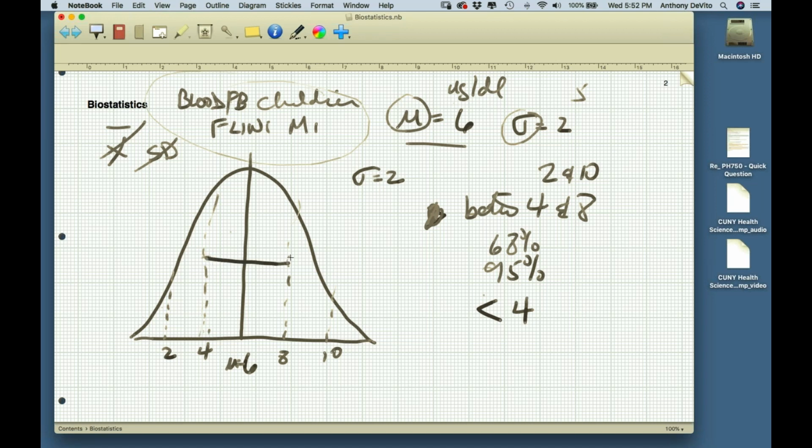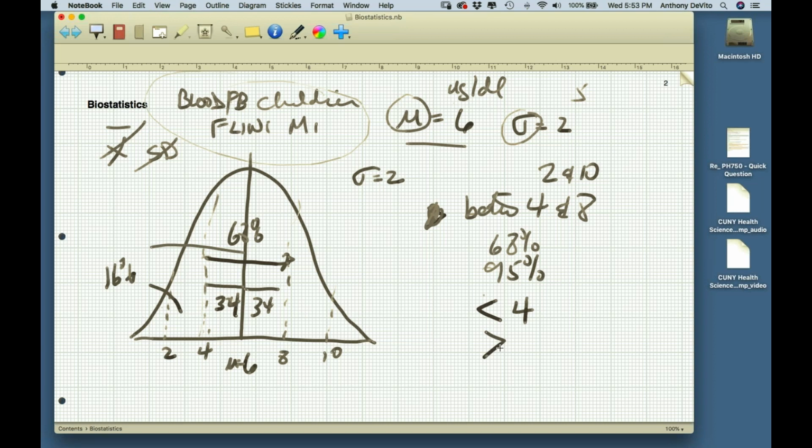We got that because we know between 4 and 8 is 68%, so between 4 and 6 is 34, because one of the properties we know about this normal distribution is it's symmetrical. So 34% on either side of the mean. And since 50% is to the left of the mean, that would leave about 16% here that's less than 4.